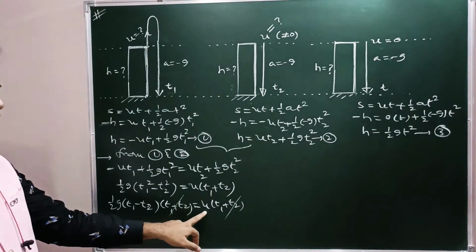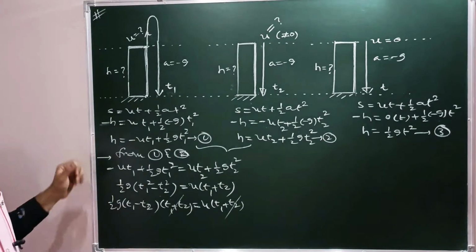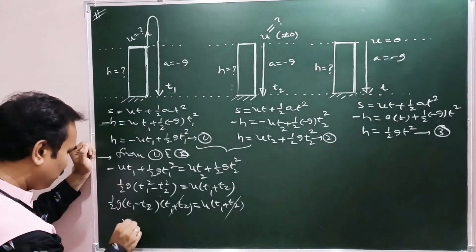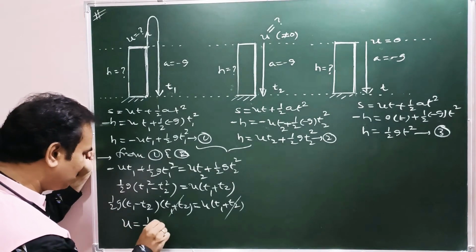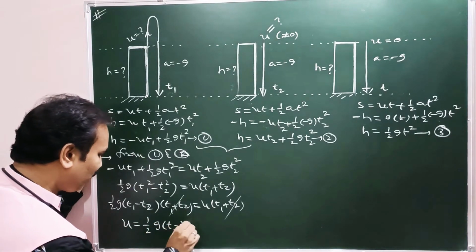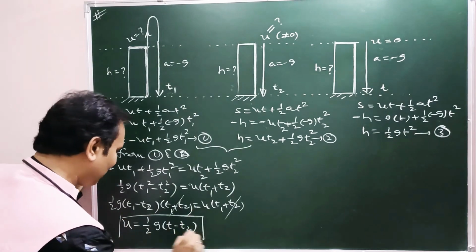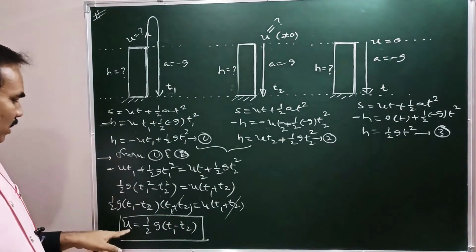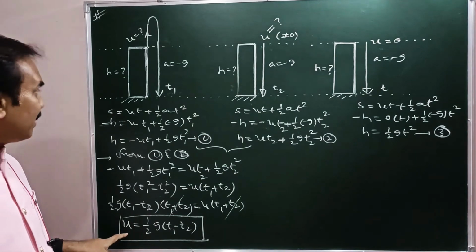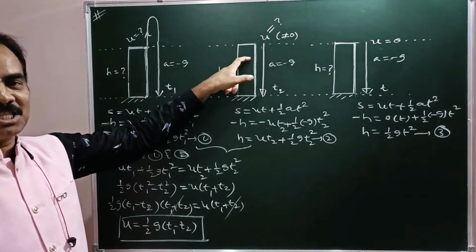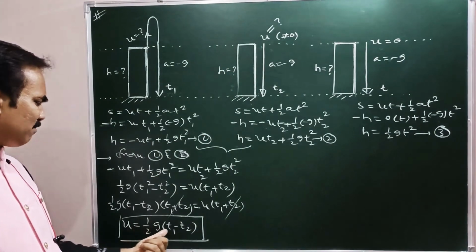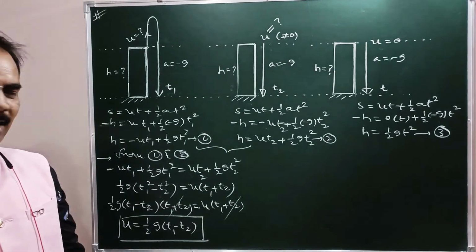We are left with u equal to half g into t1 minus t2. So this is the required relation. So we have an expression for initial velocity in terms of t1 and t2.